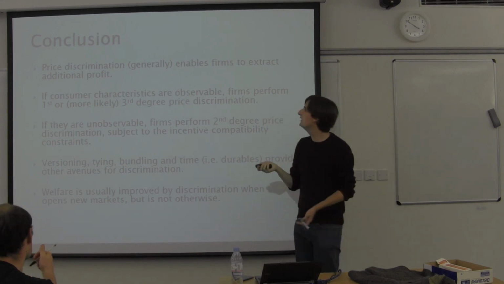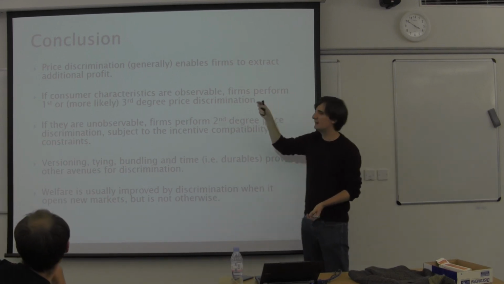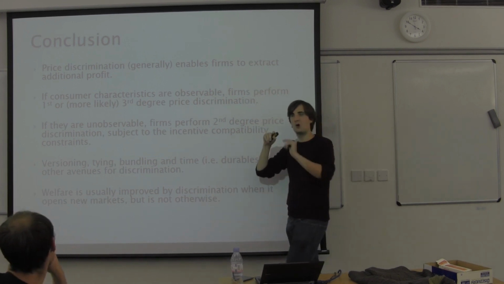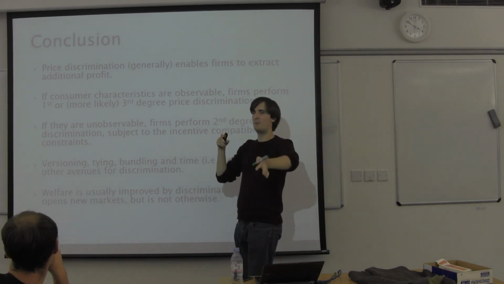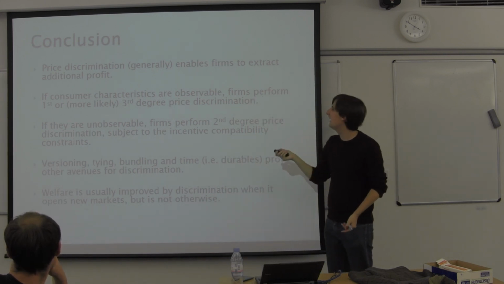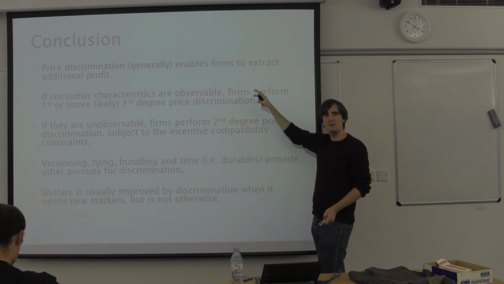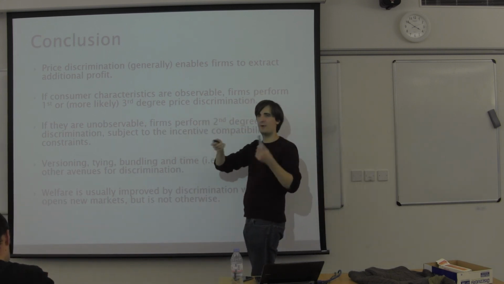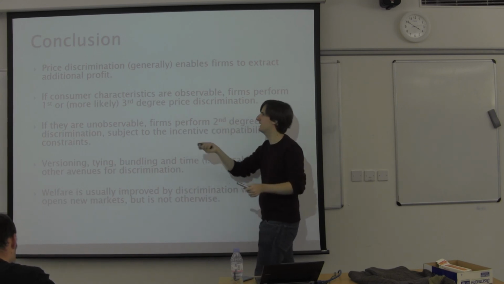So to conclude, price discrimination is generally going to enable firms to extract additional profit. Durable goods are one of the cases when price discrimination doesn't increase profit, and we'll look at that next week. If consumer characteristics are observable, then firms are going to perform first or third degree price discrimination.